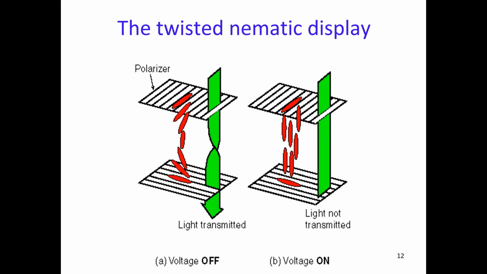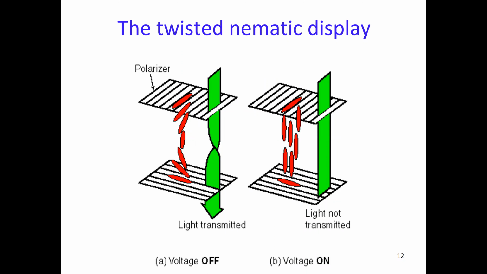However, if you then apply an electric field vertically, then the molecules will want to line up to be parallel to the field, and then the polarization is not twisted by the liquid crystal, and so if the light comes in from the top, by the time it's got down to the bottom, it's got the wrong polarization, and the light is not transmitted.